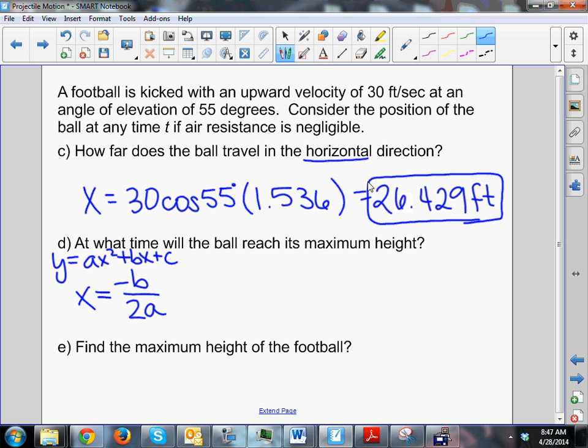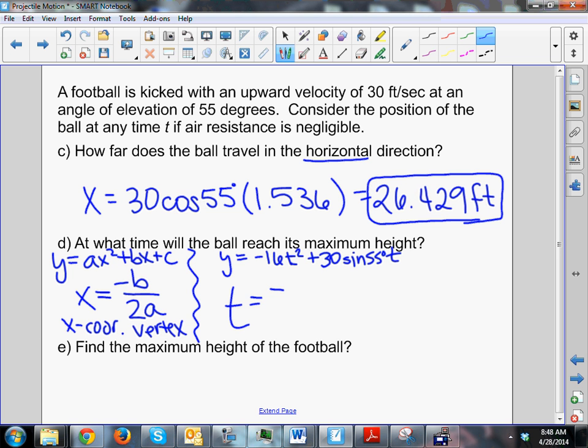What is this? This is the x coordinate of the vertex of our parabola. Now, we have the equation y equals negative 16t squared plus 30 sine 55 degrees t, plus 0. So instead of an x, we have a t. That does not make a difference.